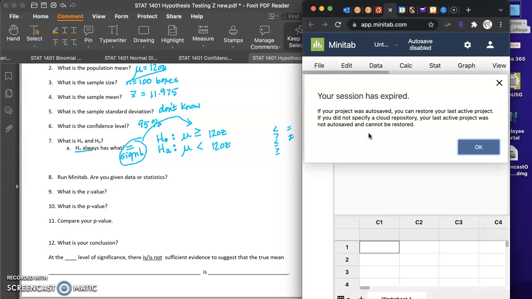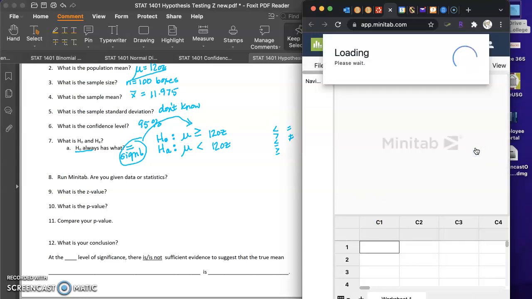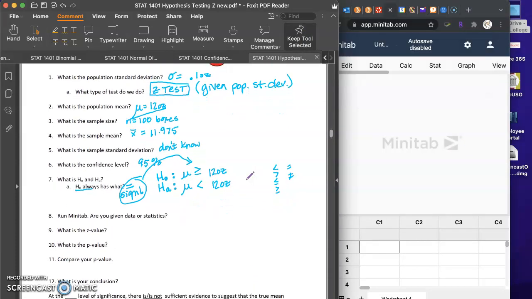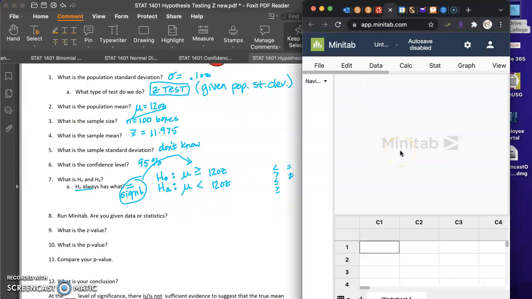And let's see if I can do it with the problem still sitting here, and I'll run through one for you. So if you can answer all those questions and you can put it in Minitab, you're good to go. Usually the only problem students have is determining what I'm talking about right here on number 7, and that is which one to make your null hypothesis and which one to make your alternate hypothesis.